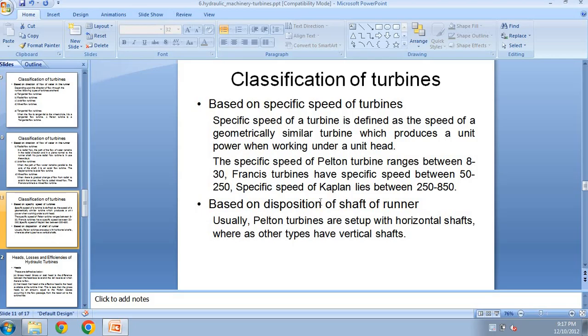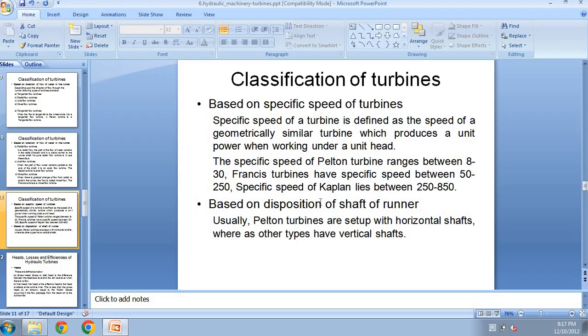The next criterion is classification based on the specific speed of the turbine. The specific speed of a turbine is the speed of a geometrically similar turbine which produces unit power when working under unit head. This specific speed is utilized for classification. For the Pelton wheel, the specific speed is in the range 8 to 30.